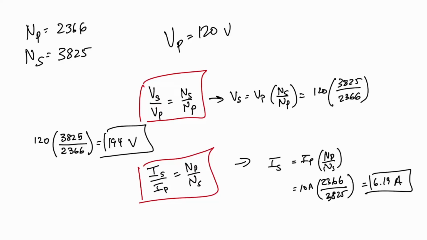Practice on Lenz's law. Should we do the random Google thing here? Okay, let's see. We need a decision matrix here. For Lenz's law, we could do in, out, up, down, left, right.